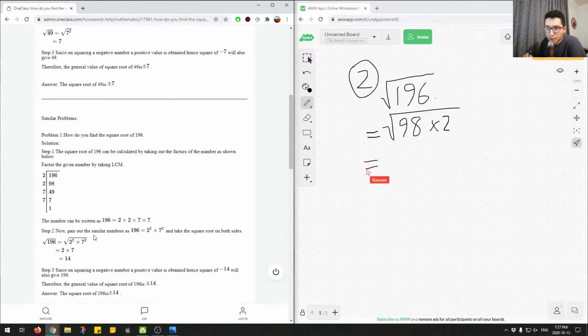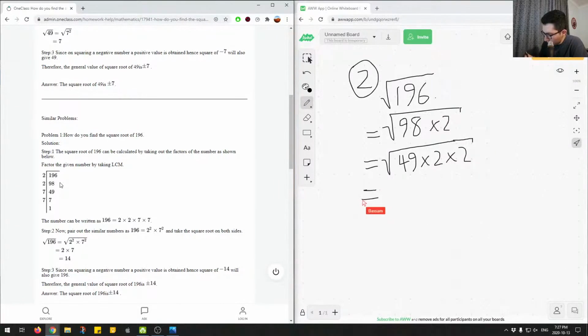The reason you divide by 2 is because we look at the last digit, and we know 6 is divisible by 2. That means this whole number can be divided by 2 with no remainder. So 98 divided by 2 is 49, and we'll have 49 times 2 times 2. These two are equivalent to one another.